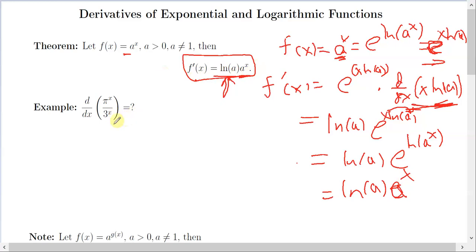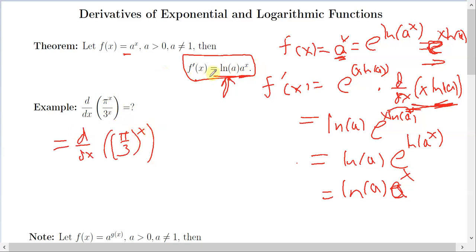So let's apply that. Looking, for example, here, you see pi to the x over 3 to the x, and you might think use a quotient rule, which you can, but it's probably quicker to just do a little bit of algebra first, which is take that exponent out of each one of those and write that whole fraction raised to the x power. That's still an exponential function. It's pi over 3 to the x.